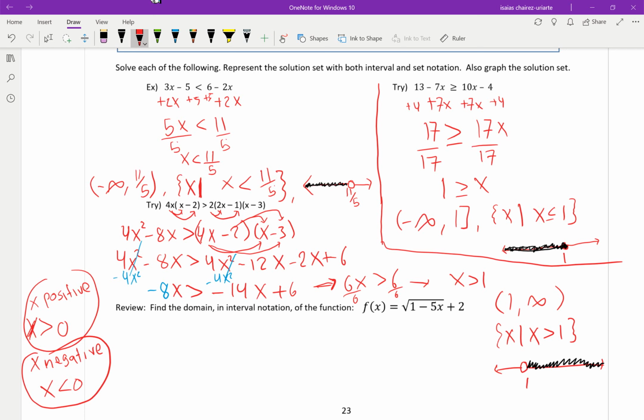All right, so right now we want the inner part of my square root to be positive. So I'm gonna do this, 1 minus 5x, and it's okay if it's 0 too, because the square root of 0 is 0. So I'm gonna set this to bigger than or equal to 0. So I'm gonna subtract 1 from both sides.